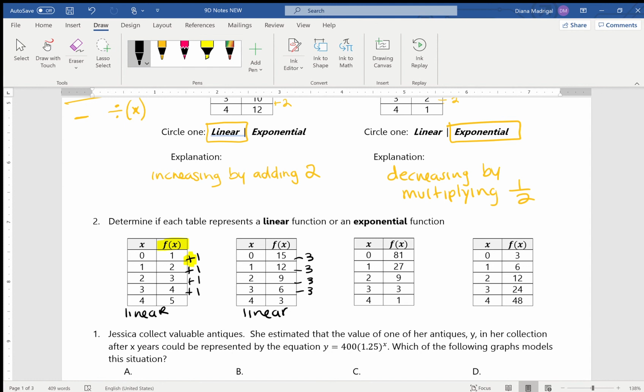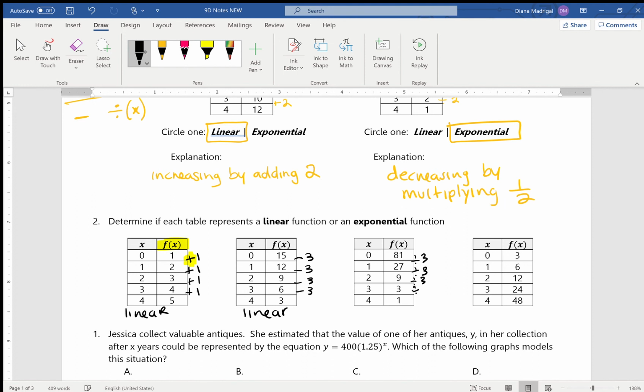Next one, we have 81, 27, 9, 3, and 1. Again, your numbers are decreasing, so you are either subtracting or dividing. And if you're dividing, you need to switch it. You need the reciprocal of that number that you're dividing by. All right, good. You should have noticed that you're going to be dividing by 3 through the whole table. 81 divided by 3 gives me 27. 27 divided by 3 gives me 9.